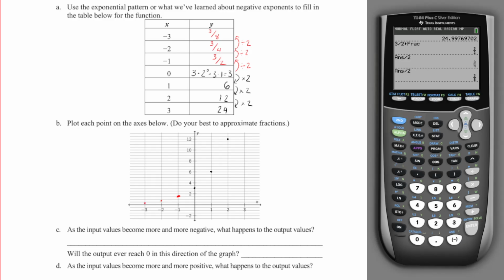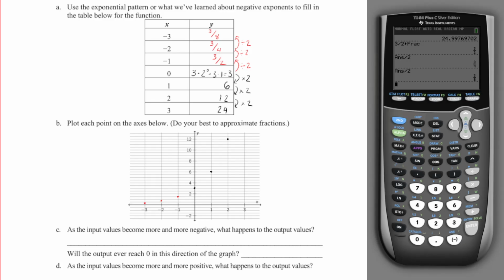I'm fudging even more, but that looks okay. I'm going to make one of these points a little bit less lumpy. So what we see is this curved shape that's kind of slowly curving upward.